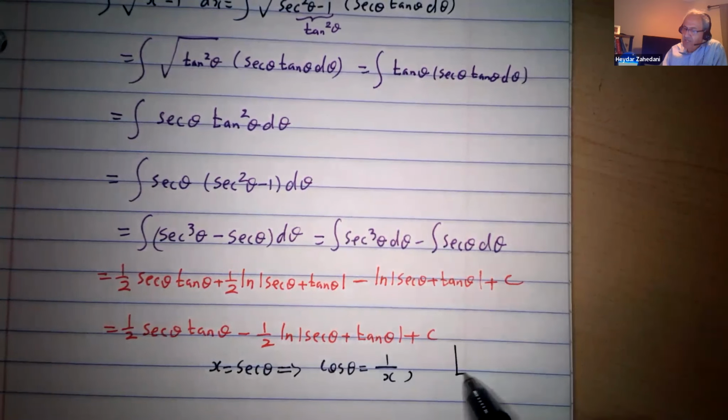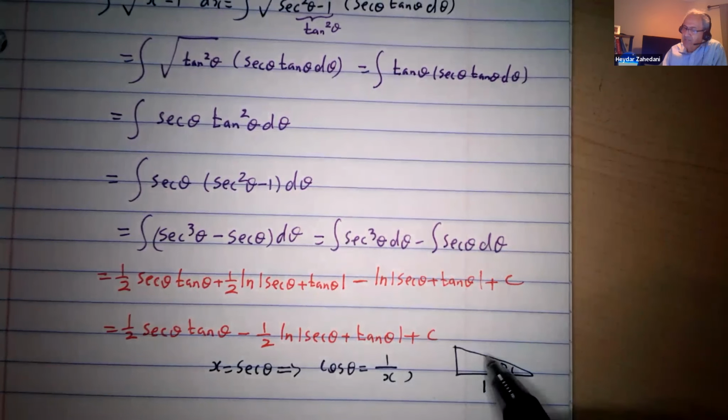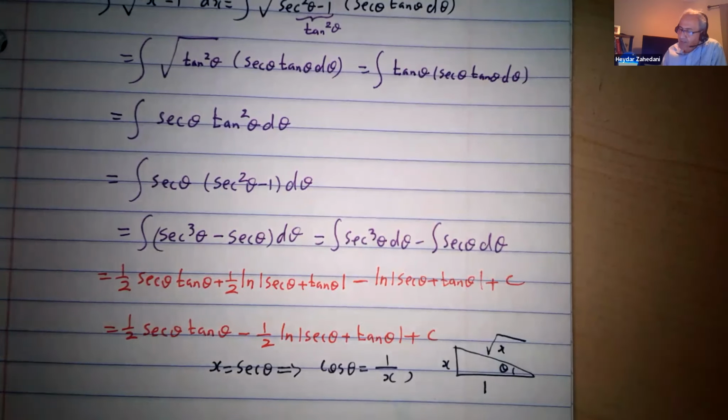So if you draw the right triangle, this is going to be your theta. And the cosine is going to be what? It's going to be 1. This is x.